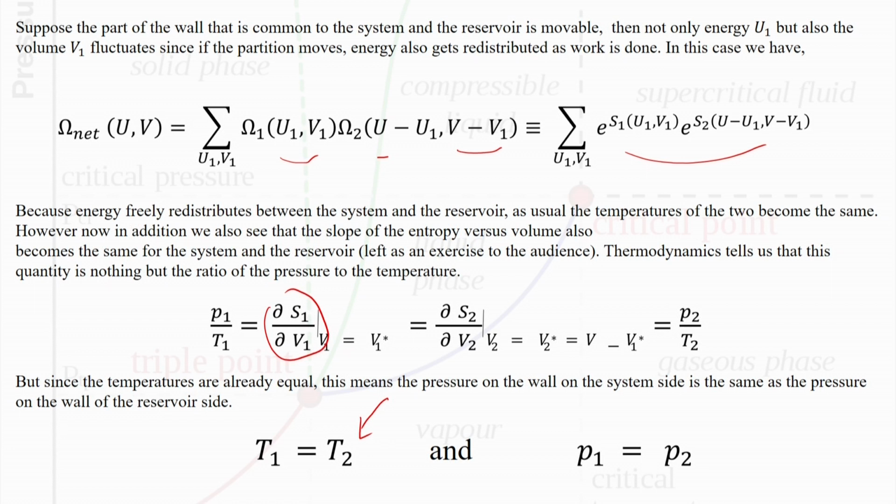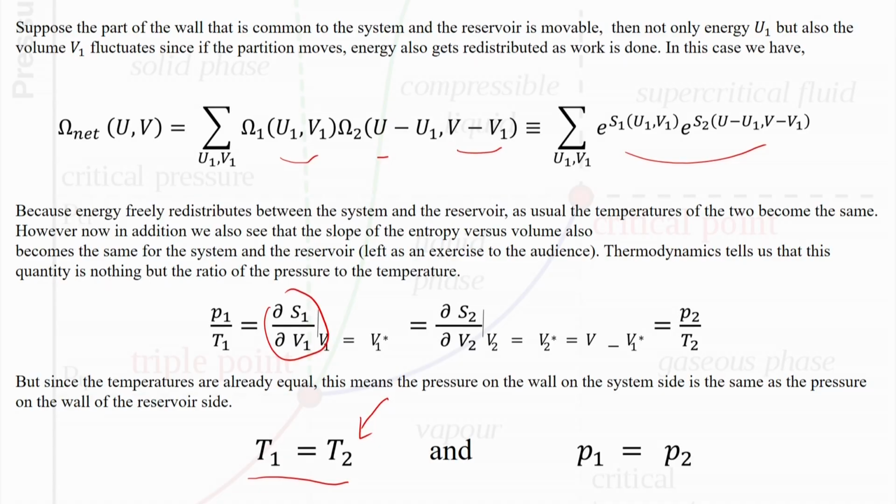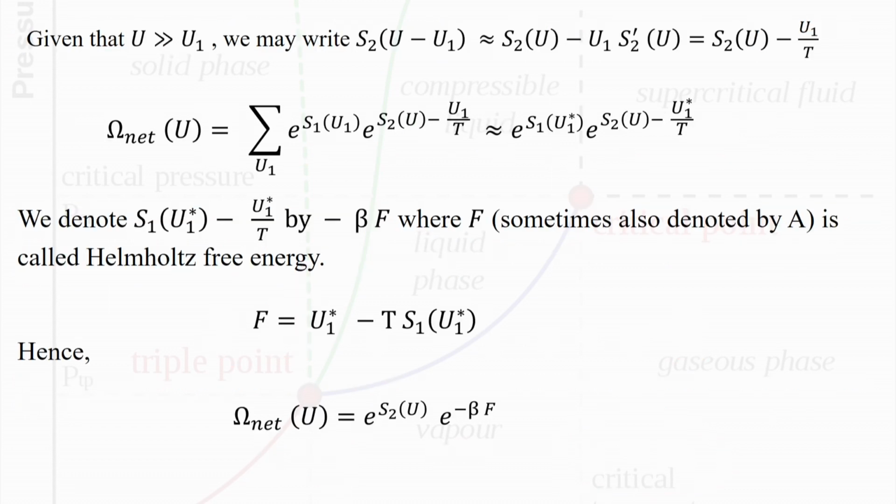Now, the slope of the entropy versus volume according to thermodynamics is the ratio of the pressure and the temperature. Just notice that we equated the temperatures because energy gets exchanged and they reach thermal equilibrium. Because the ratio of P and T has to be equal and temperatures are already equal, that also implies that the pressures are equal. So this is where we left off last time.